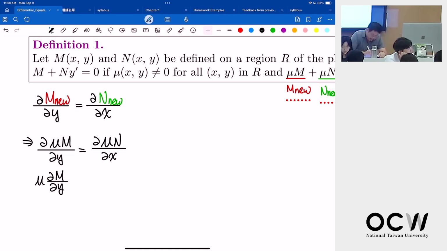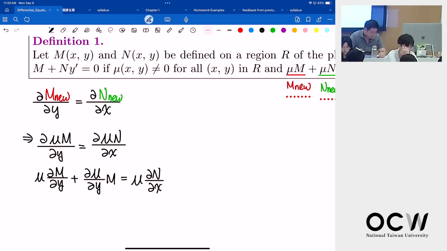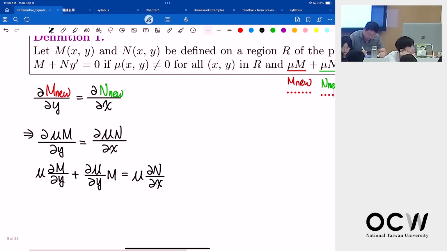And then I take the derivative of the first term, so partial mu, partial y times M. That means mu partial N over partial x. And here partial mu over partial x and capital N.